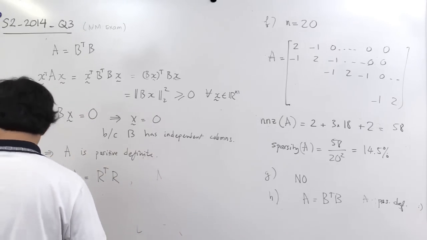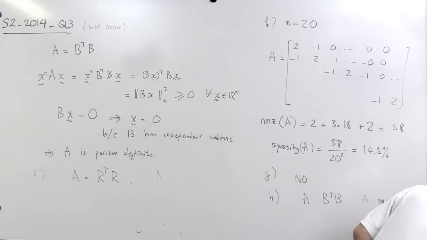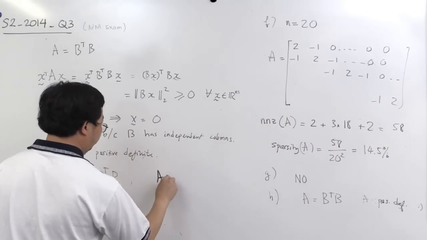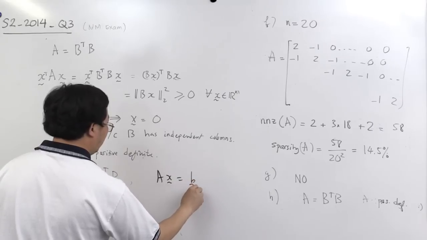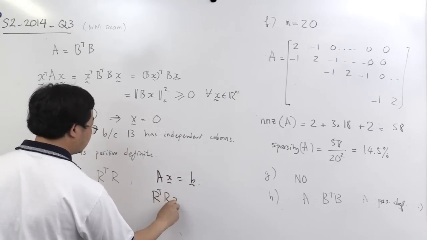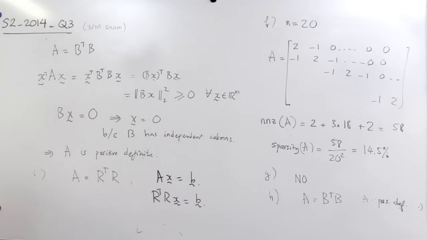So Ax equal b will be replaced by R transpose R x equal b. And you can solve this in 2 steps.